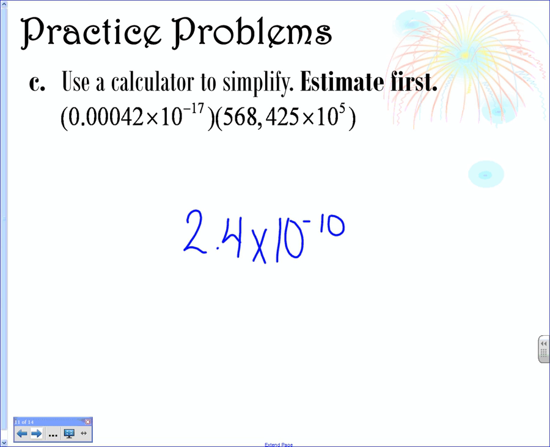Alright, do you get that for your estimation? What about your exact answer? What'd you get? I got, oh yeah, okay. I was like, I got 2.38, but yeah. If you round the 8 up with the 7, you get 3.